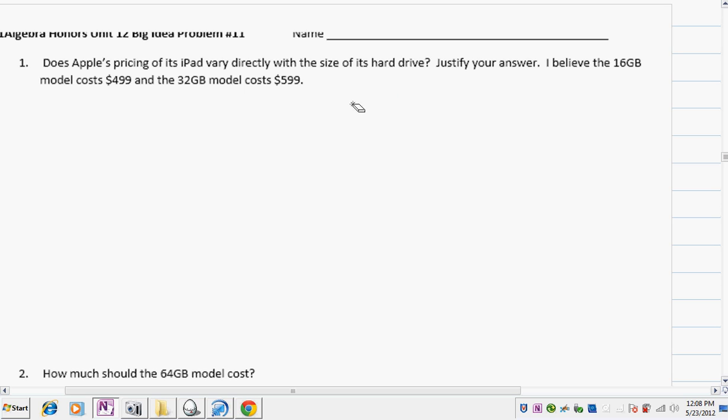So we're trying to say that as the hard drive goes up, the costs go up proportionately? Is that true? There's a couple ways to think of this. One way is I went from 16 to 32, which means I doubled. Did I double my cost?